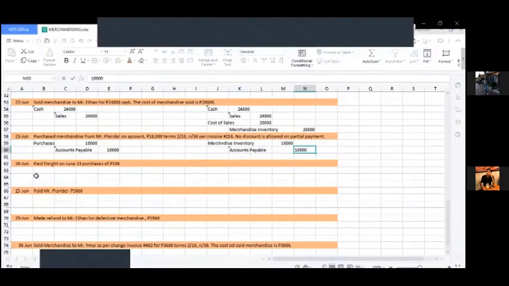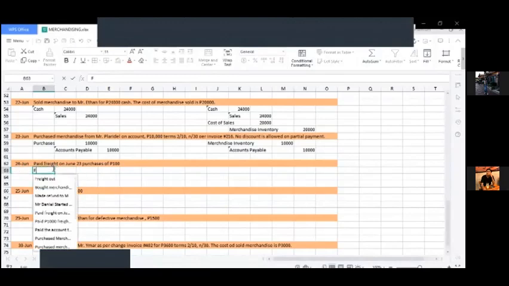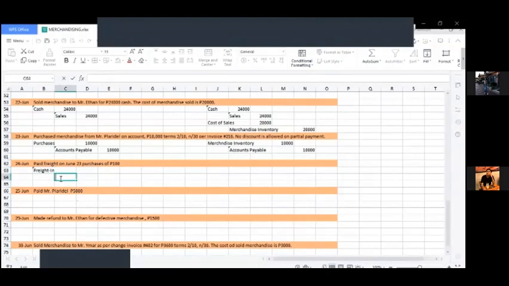Pagdating naman ng June 4, nagbayad tayo ng freight on June 23 purchases of 100. So, nagbayad daw tayo dito ng freight. So, buyer tayo dito. So, anong gagamitin natin? Freight in and cash, 100.